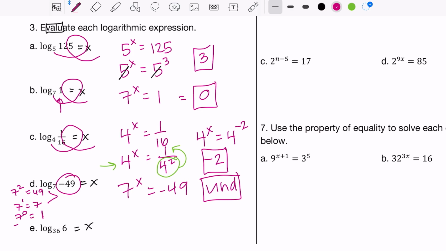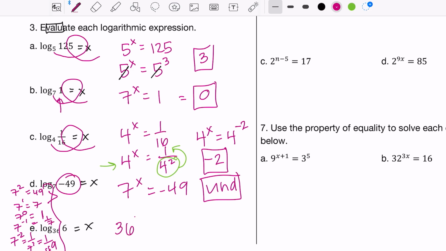That's 1. 7 to the -1 is 1/7. 7 to the -2 is 1/7 squared, which is 1/49. You can see none of these numbers are negative. So that means there is no exponent that's going to give me a negative argument. So that means log base 7 of negative 49 is undefined.